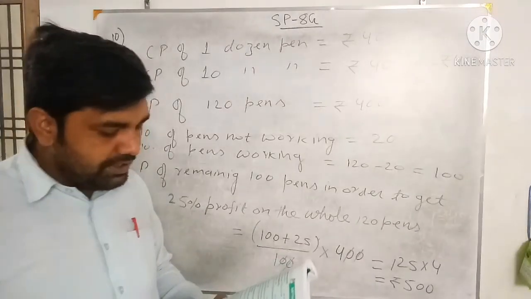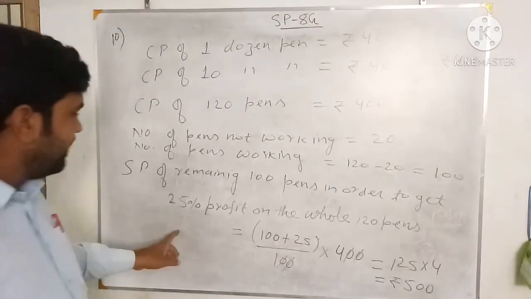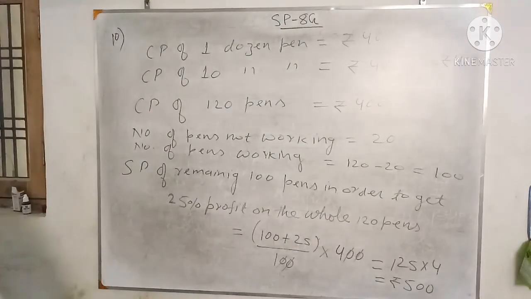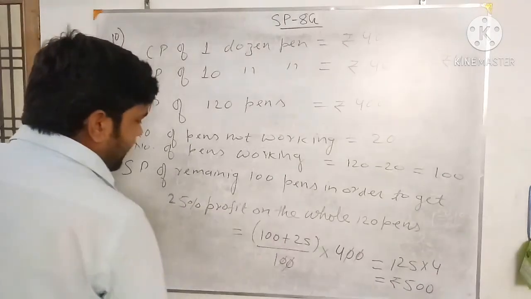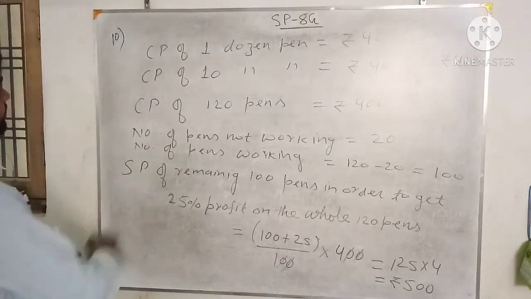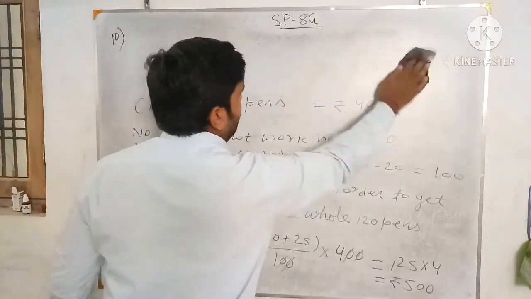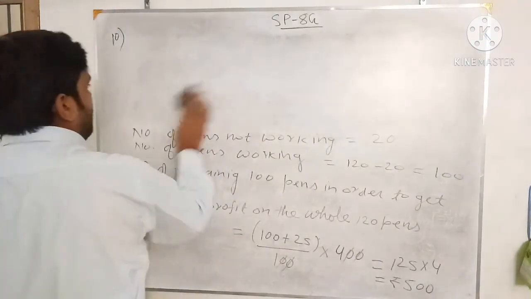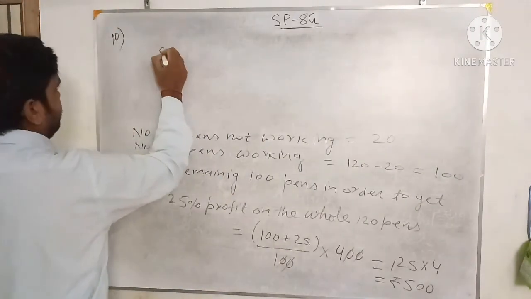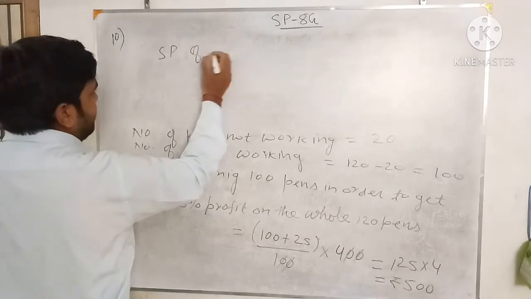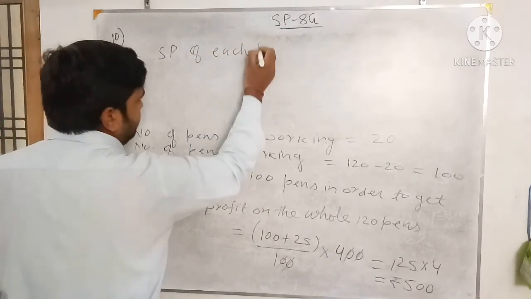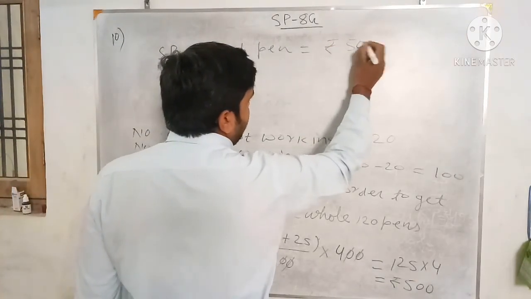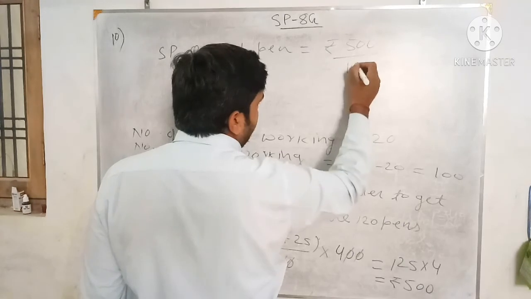So at what price should he sell each pen? This is the selling price of 100 pens, 500. Now the selling price of each pen equals rupees 500 divided by 100.